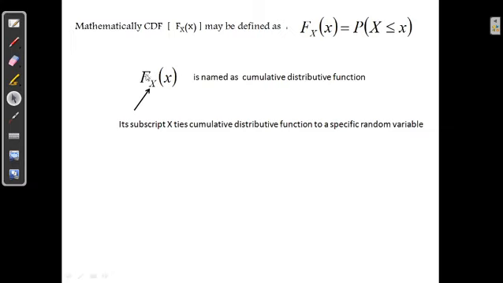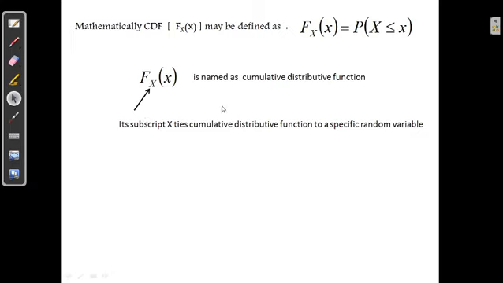CDF, cumulative distribution function. So when random variable X comes with cap letter F, it is tied together. So you're tying up the random variable to what? CDF. So this gives you the CDF of what? Of the data which is present in the sample space. What is the data inside the sample space? Small letter x. So that is what you are doing here. Okay, F x of x.